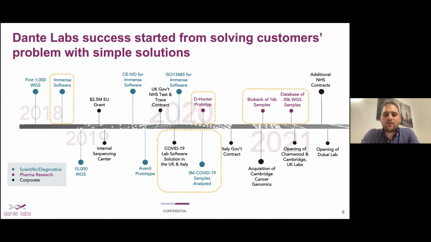So we worked with the marketing team in order to offer our test online. And it happened that we sold over 1,000 whole genome sequencing tests in one day. This was an amazing achievement, and a clear example of market validation of our idea.